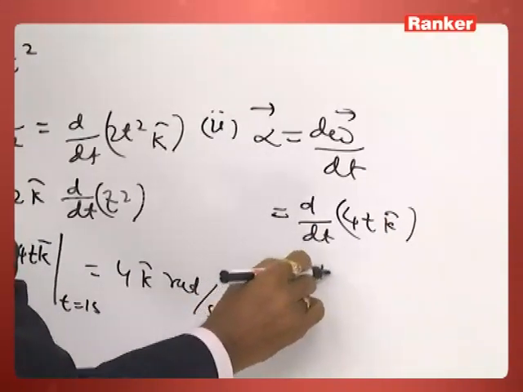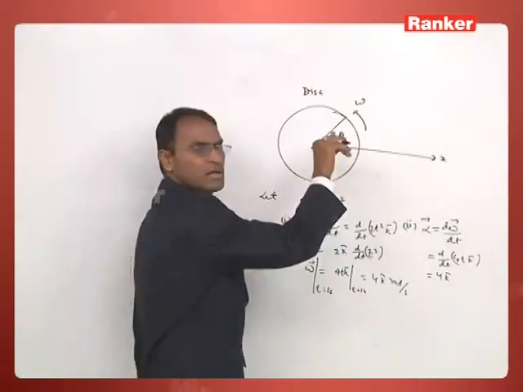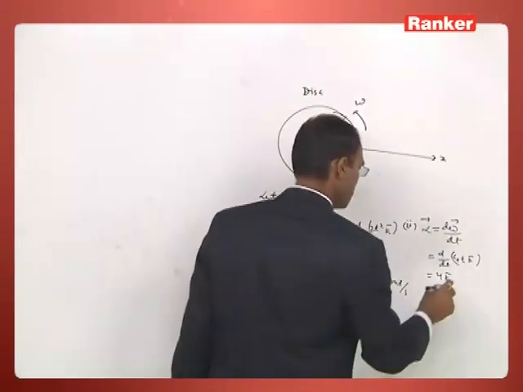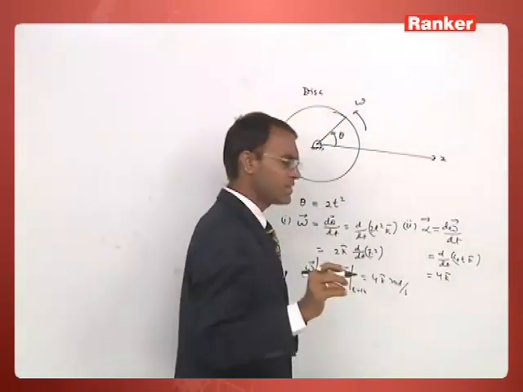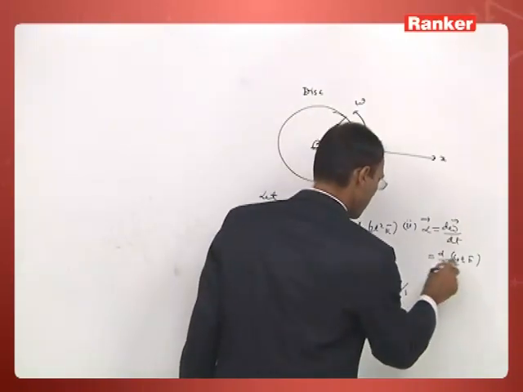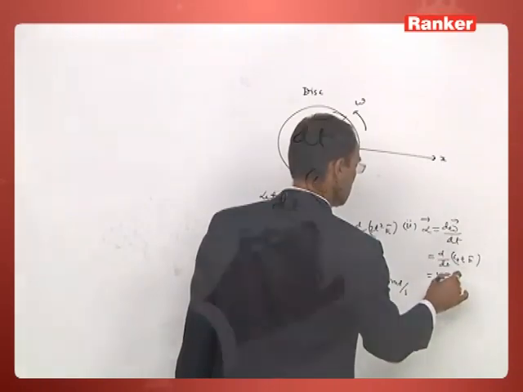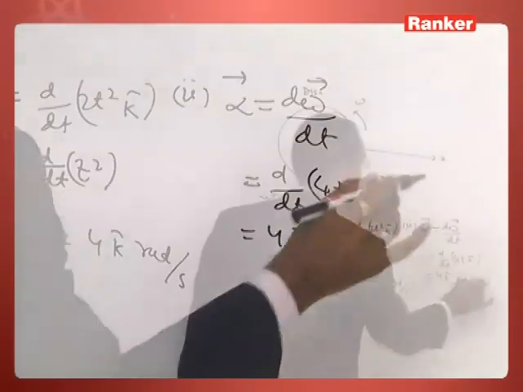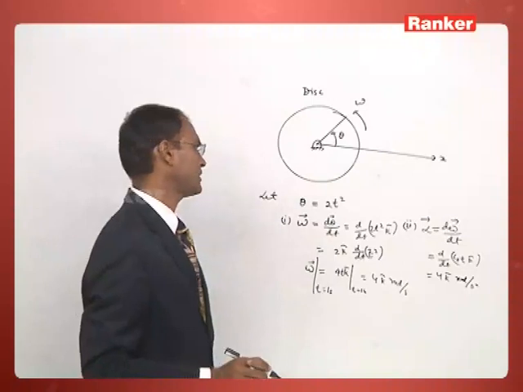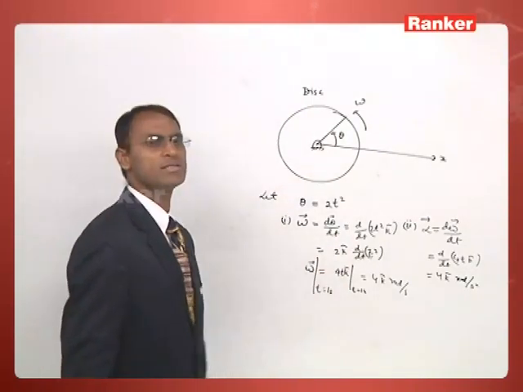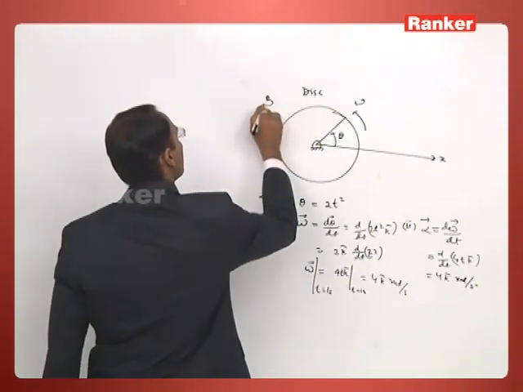Take 4 kf out because you are not changing the axis of rotation or the direction of omega. You take 4 kf out, you are getting a constant quantity. Radian per second square is the unit of angular acceleration. Radian per second is the unit of angular velocity. Is the question.